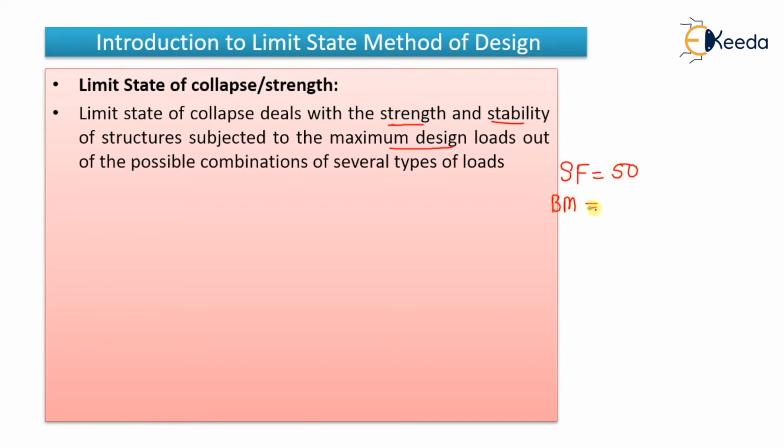For bending moment, or just take the basic criteria, in strength criteria the load is suppose 50, and in serviceability criteria it is coming as suppose 60 or 40. Let us assume it as 40, not 60.